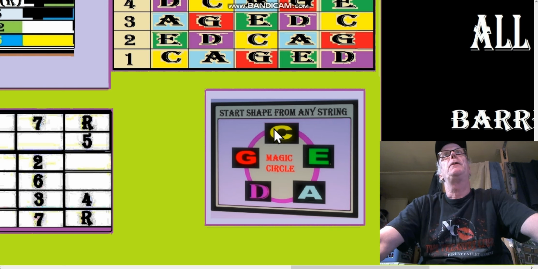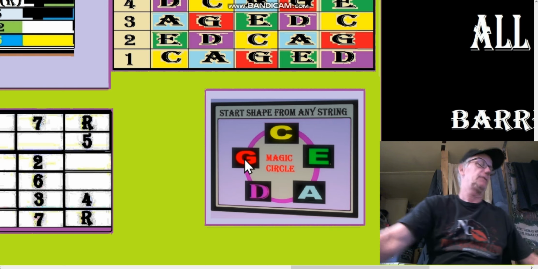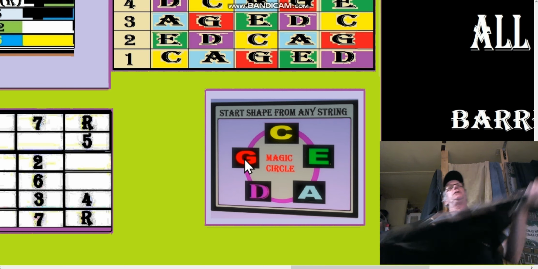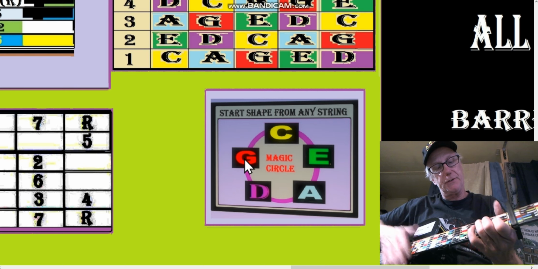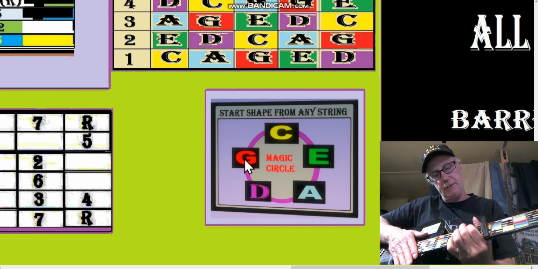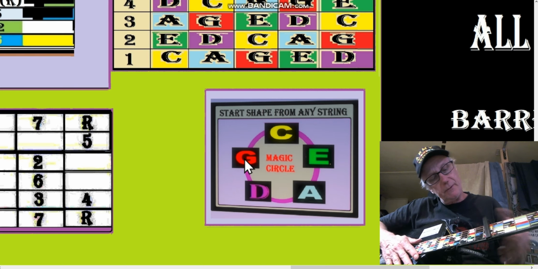So the C box is adjacent to the G box without any overlap. There's the C box. Here's the G box. Right there. I don't know if I should put a capo there.